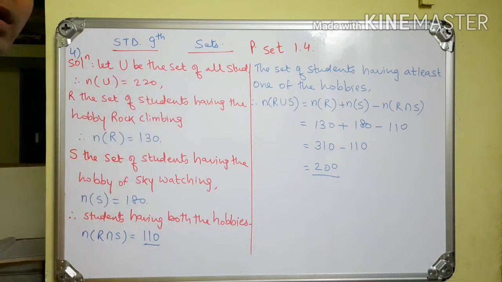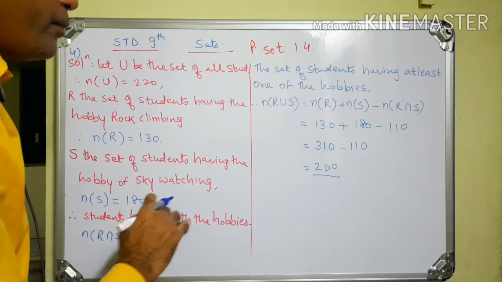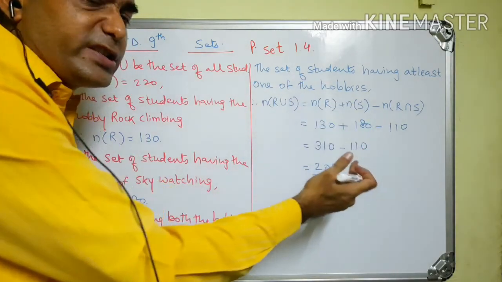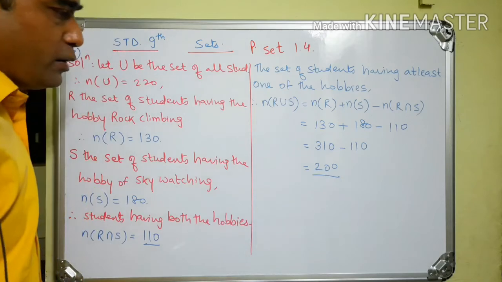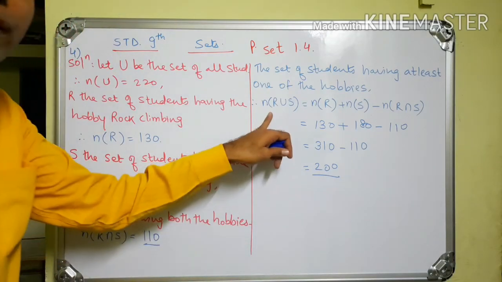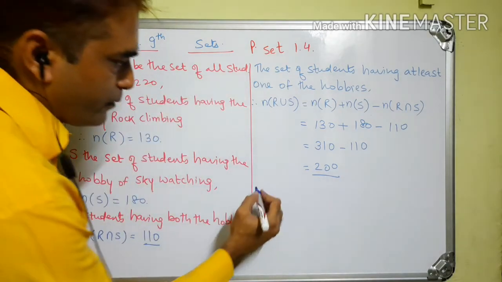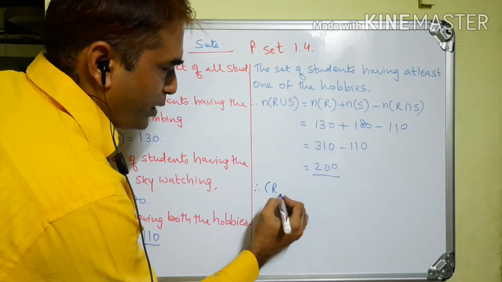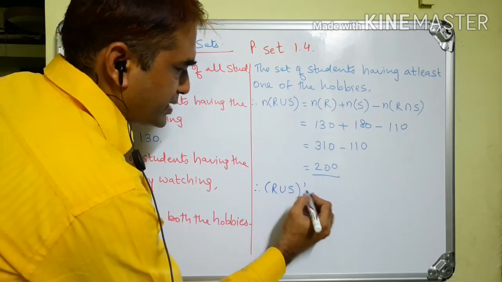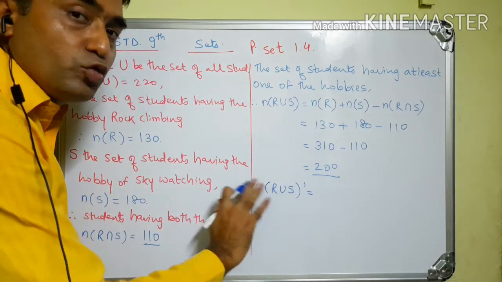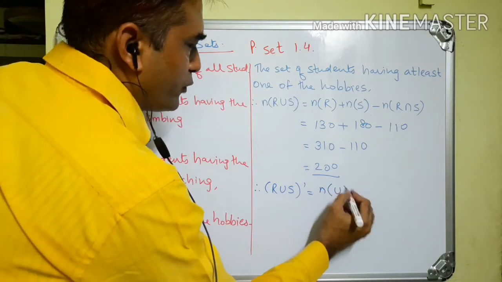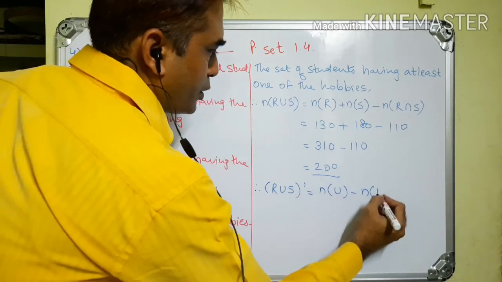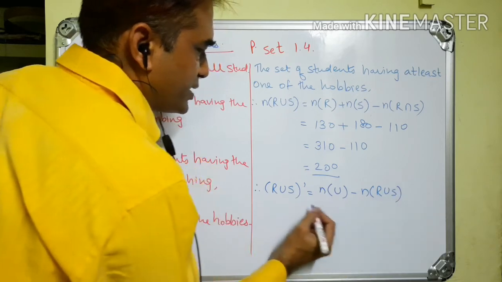Now we have to find how many students do not have any hobby, neither rock climbing nor sky watching. That set will be the complement of set R union S. Therefore the complement of R union S, the students who do not have any hobby, will be the number of elements in the universal set minus the number of elements in the union set.